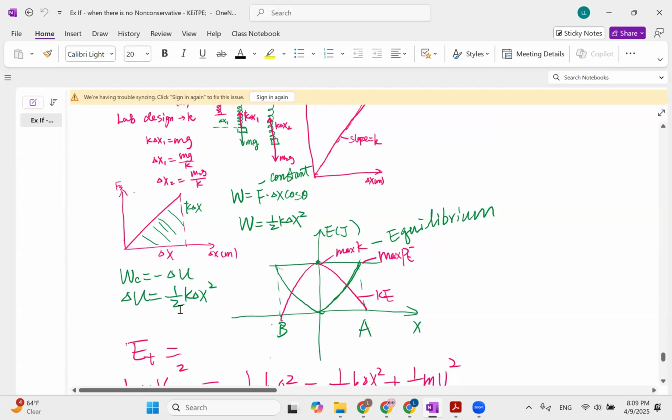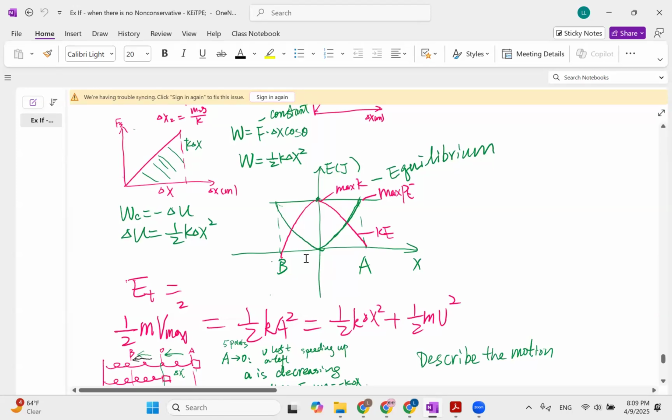And for this kind of question, you can use the area under the curve to find the work. Why? Because the force is not constant, right? And then you can use energy conservation, right?